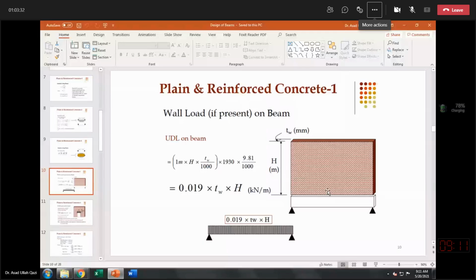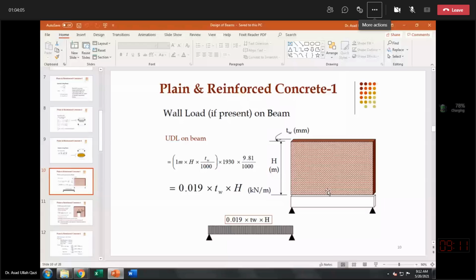Those partition or dividing walls are constructed exactly over the stem of the beam. So such walls will transfer their load directly to the beam. We discussed in the previous slides slab thickness, floor finish thickness, and pressures of occupancy, which transfer their load to the beam.